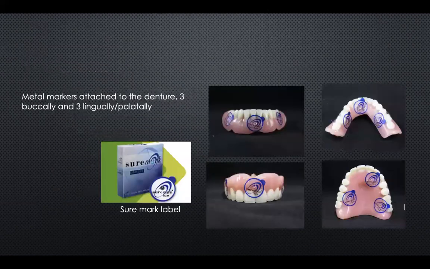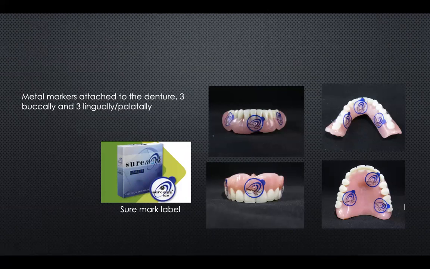And then you move to the next step, which is attaching these metal marks on the denture. We use these Sure Mark labels. It's basically metal attachment balls. You attach 3 on the buccal side and 3 on the lingual side, as shown here in the photos.